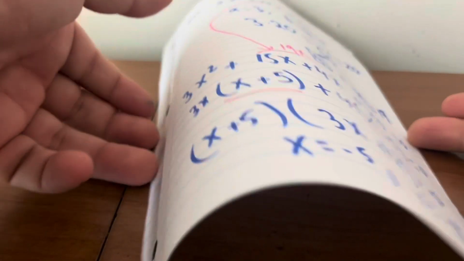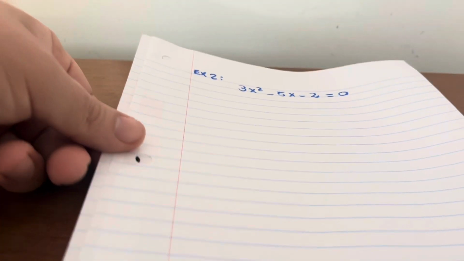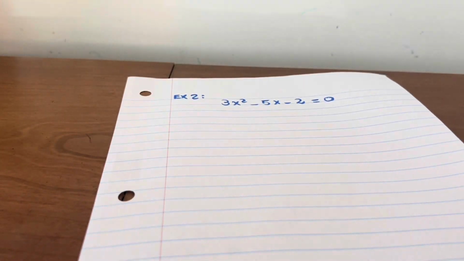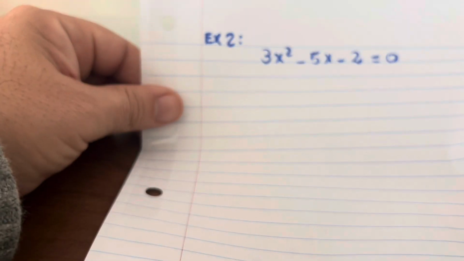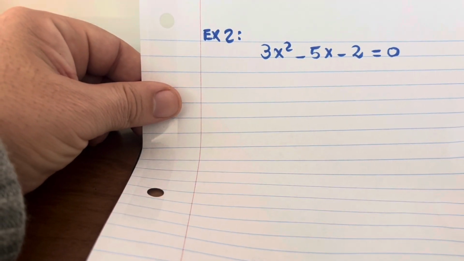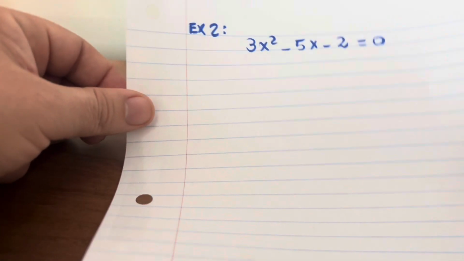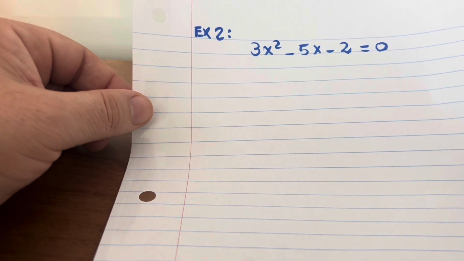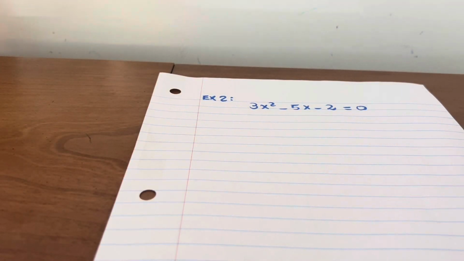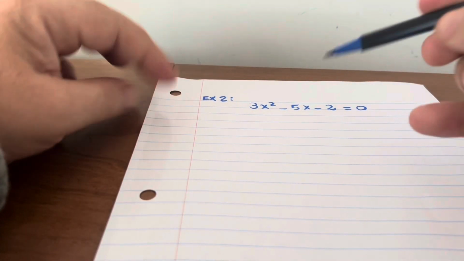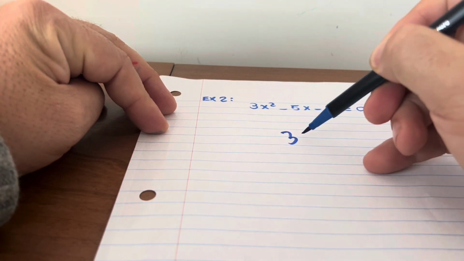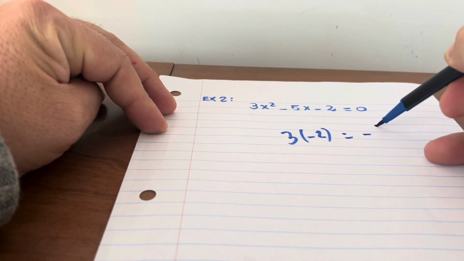So let's do another example, example 2. We have here 3x squared minus 5x minus 2 equal to 0. The first thing you have to do is multiply 3 by negative 2. 3 times negative 2, you get negative 6.